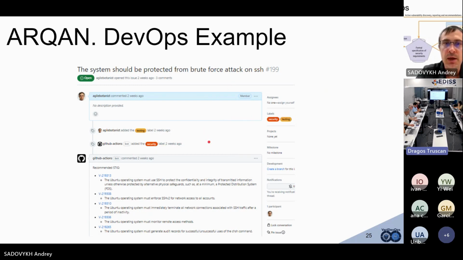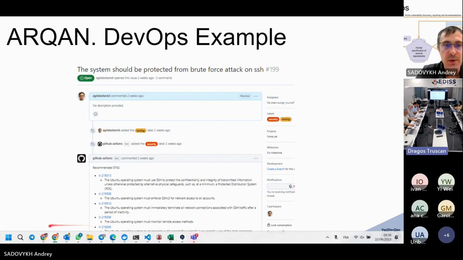In this case, our tools automatically detected that this is related to security, and they proposed to apply specific guidelines from the STIG database.